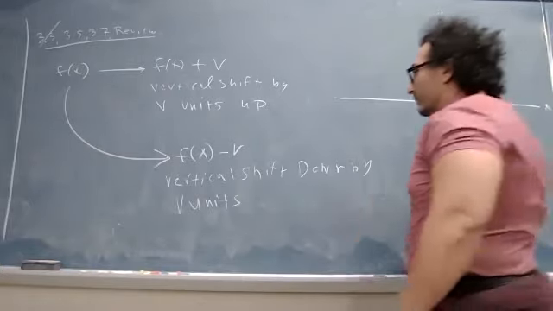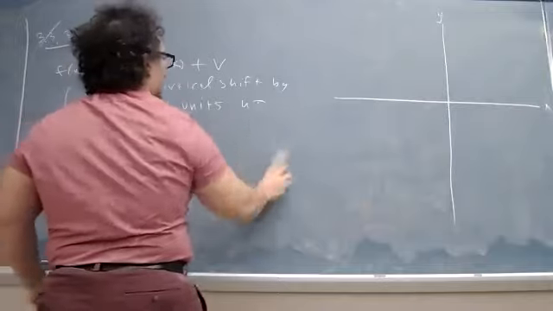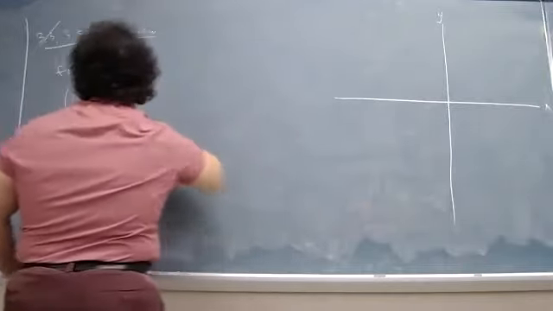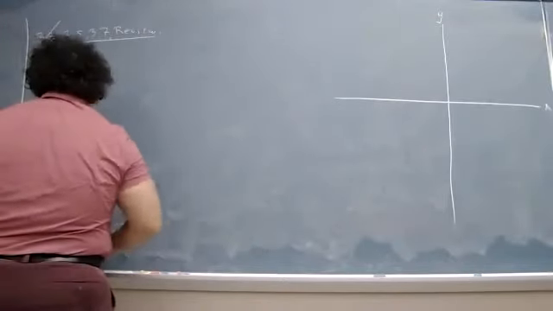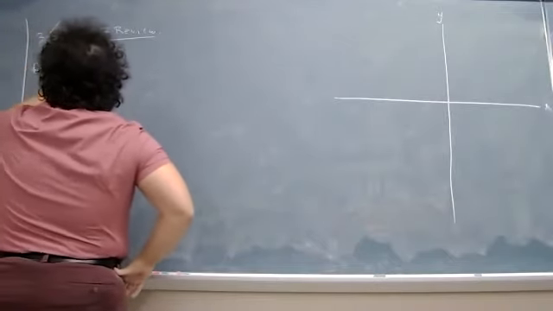All right. Now that we know about vertical shifts and horizontal shifts, what else is there? Well, for instance, let's use f of x is equal to x squared again.